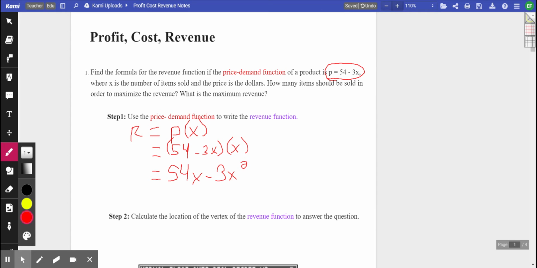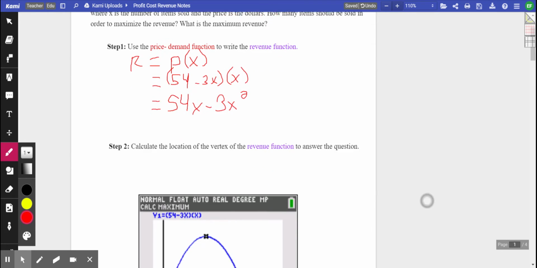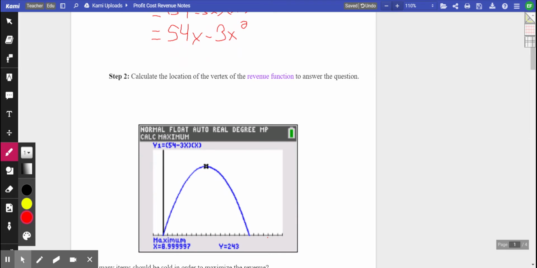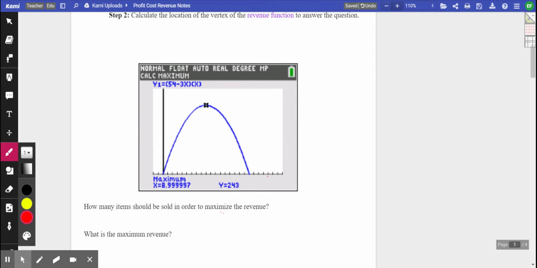From there, I could plug that into the y equals of my calculator, and I can use that to answer the questions that were posed. So considering I do want to find the maximum, the question's asking me all about max revenue. I know that when I plug the function into my y equals, I'm going to be trying to calculate my maximum. And I see those points given to me here, the x and the y value. I just need to translate and figure out which part answers which question.